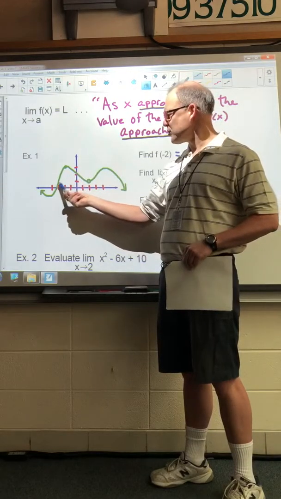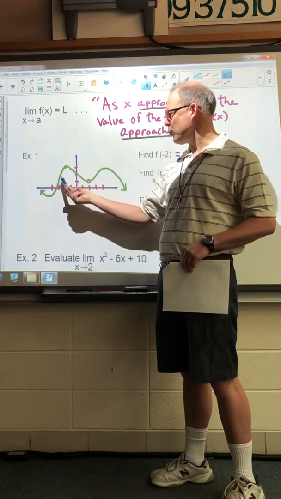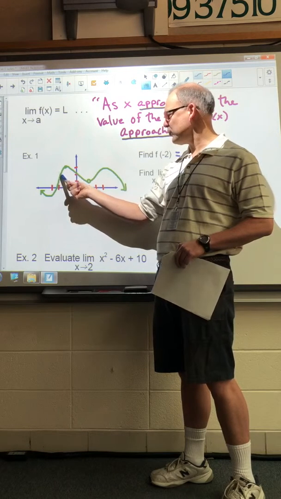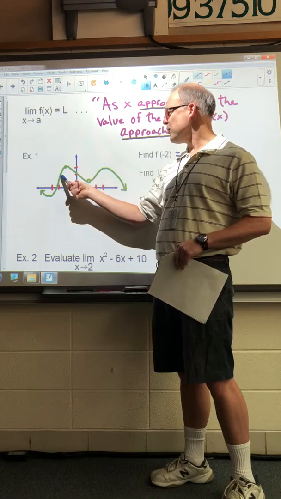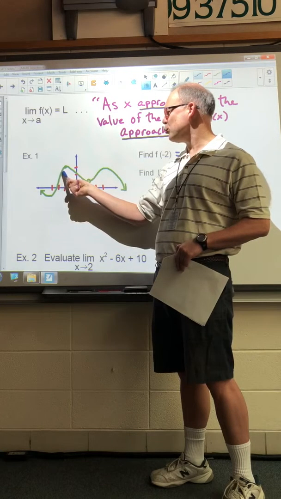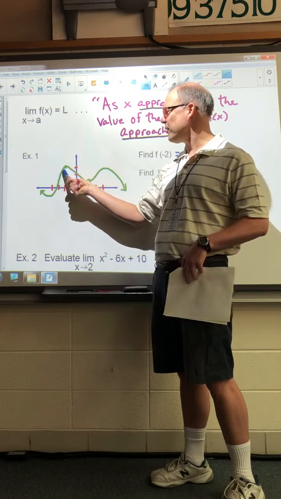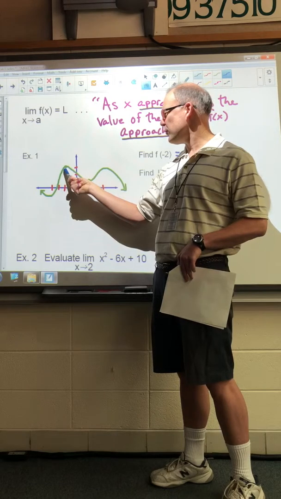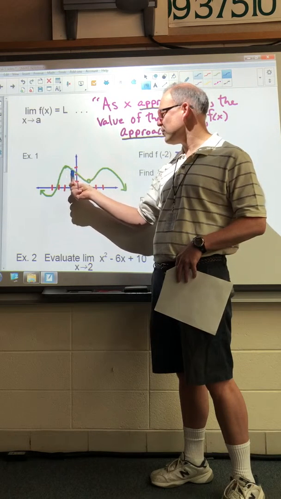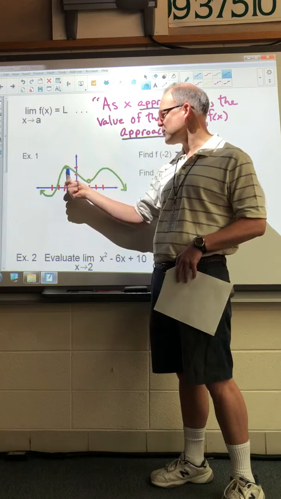Now let's look at the limit as x approaches -2. Maybe picture the function as a road. You're on this road, it's got some hills to it, and you're getting closer and closer to -2. You never get there, but you get really, really close. You can approach -2 from either side and you approach the same point.